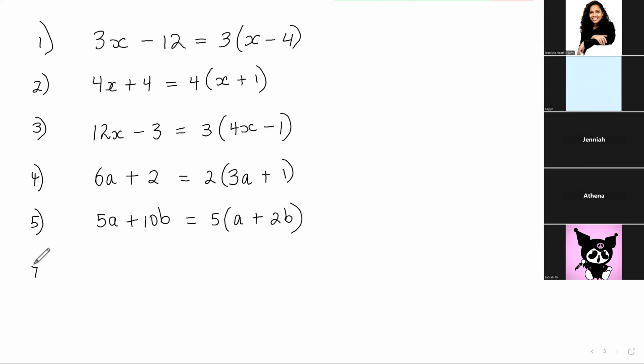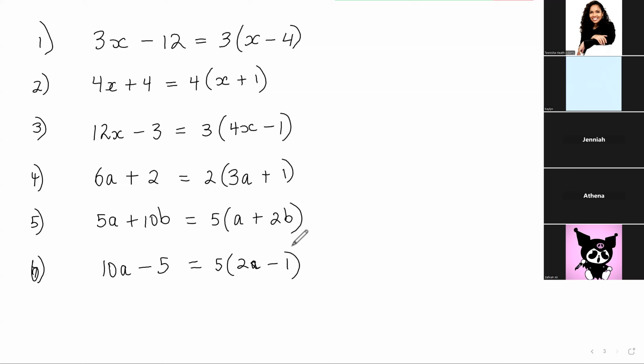Zafi? 10a take away 5. 5, and then in the bracket it would be 2a minus 1.